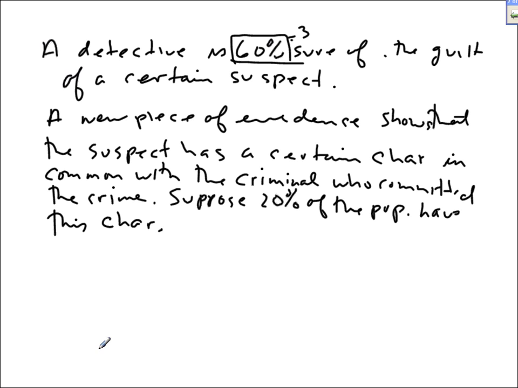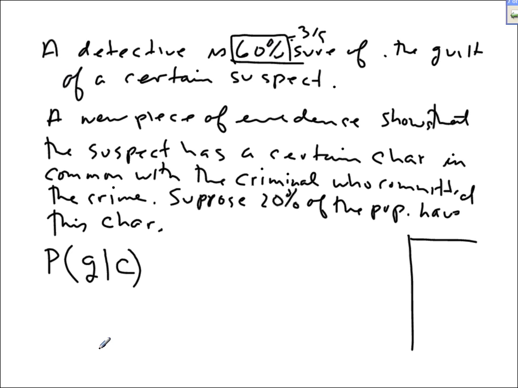This 6 out of 10 or 3 out of 5, that's the probability. So, the probability that this person is guilty, given that you now add on this new characteristic. Okay. So, what is the given?